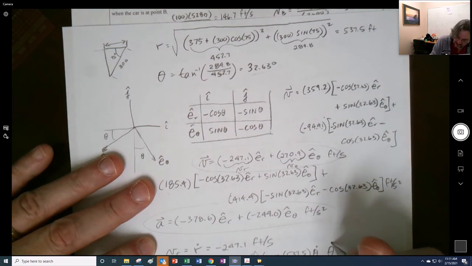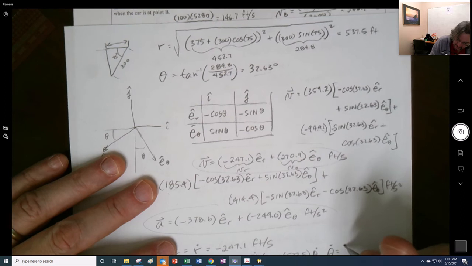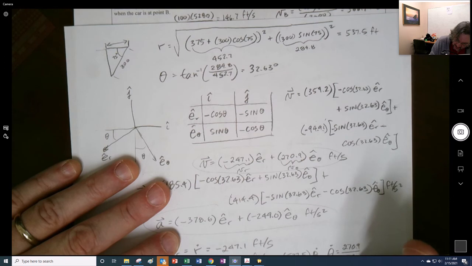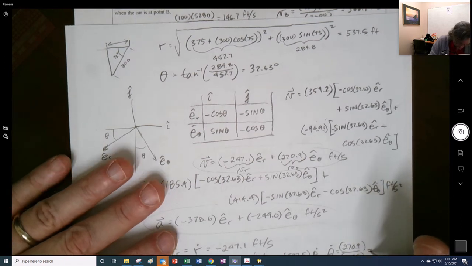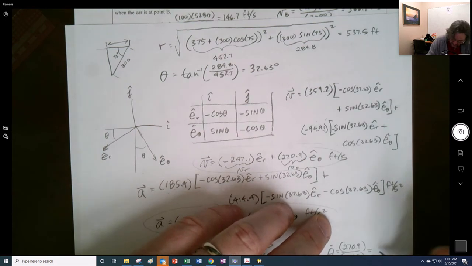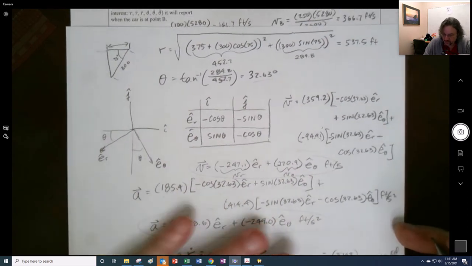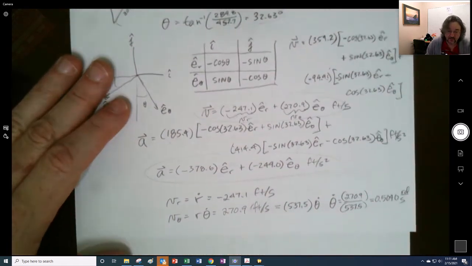So theta dot is just equal to 270.9 divided by 537.5, right? And we find that theta dot is therefore 0.5040 radians per second. Did that come off the edge of the paper? No, it didn't. I went down there.